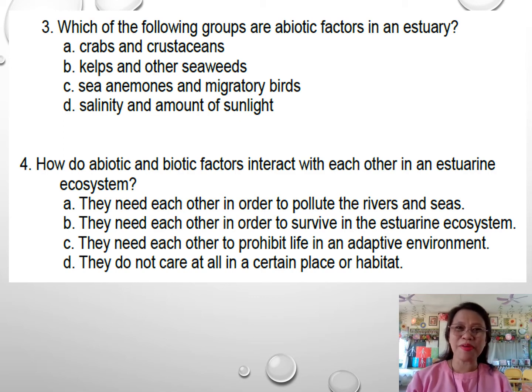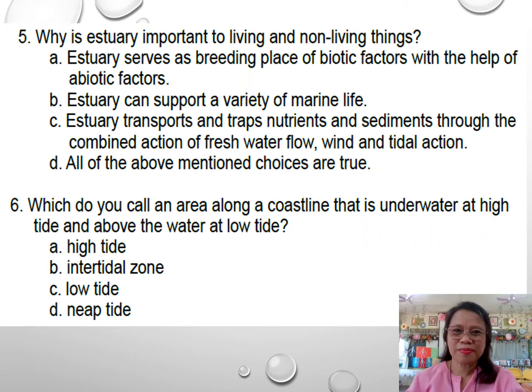Let's proceed to number 5. Why is estuary important to living and non-living things? Why is estuary important to living and non-living things? Please read properly the choices so that you can choose the correct answer, class.